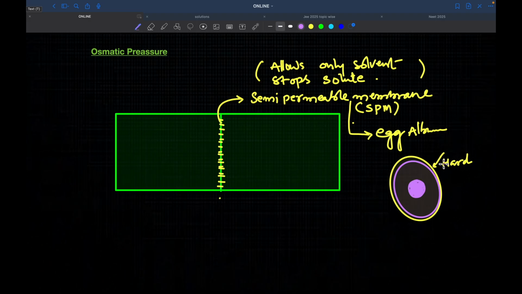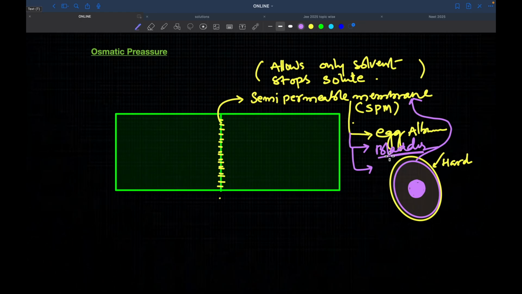But the hard layer and the edible layer are separated by a small tiny layer, and this small tiny layer acts like a semi-permeable membrane. If you haven't seen it, see it today. It is inside the egg. Otherwise, the skin of a urine bladder can also be used as a semi-permeable membrane.